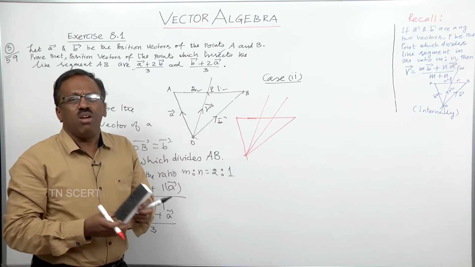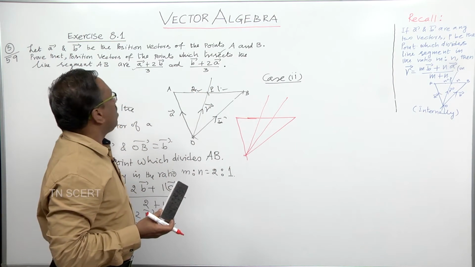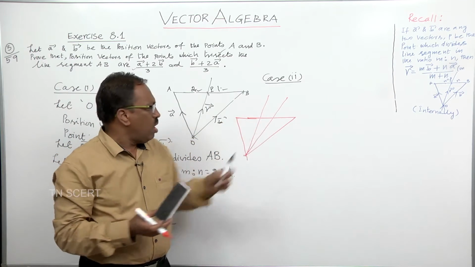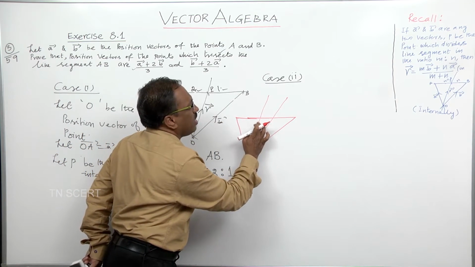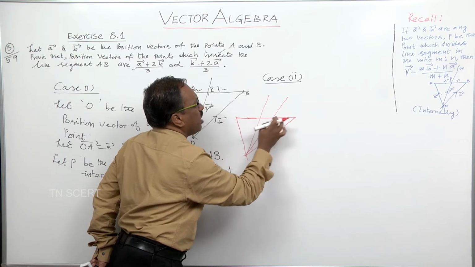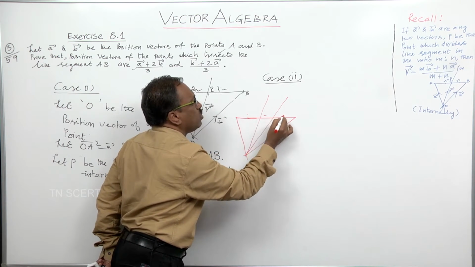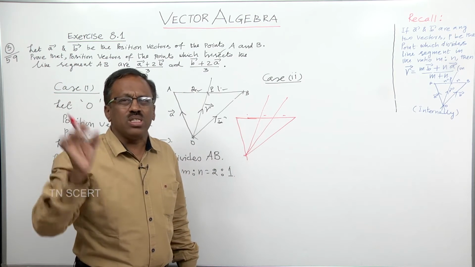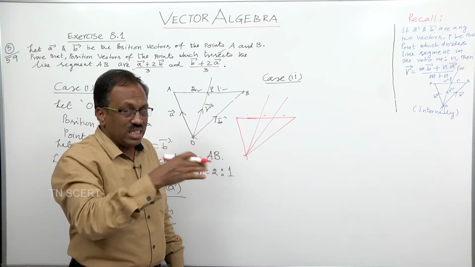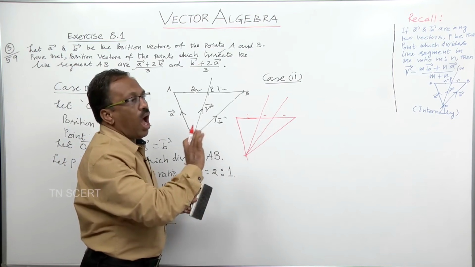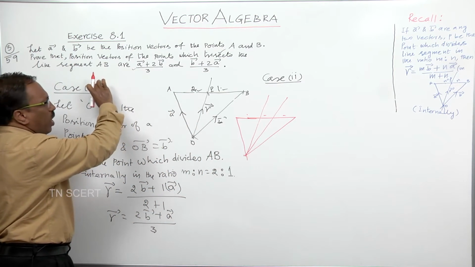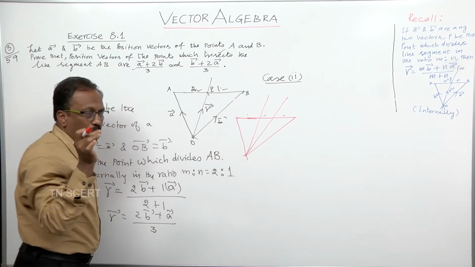But I have taken a reference point for case 1 as well as case 2. But actually it divides like this. This line segment trisects, so 1, 2 and 3. 3 ways it trisects. But I have taken 2 cases. Case 1 as P is a point.